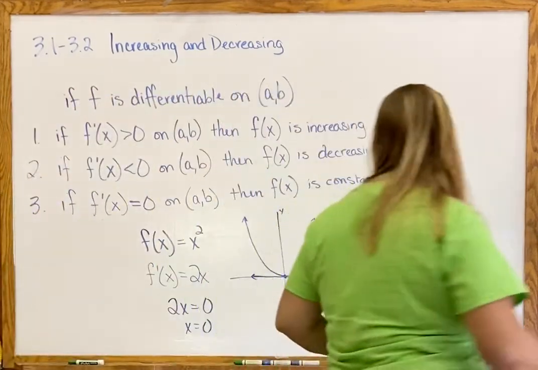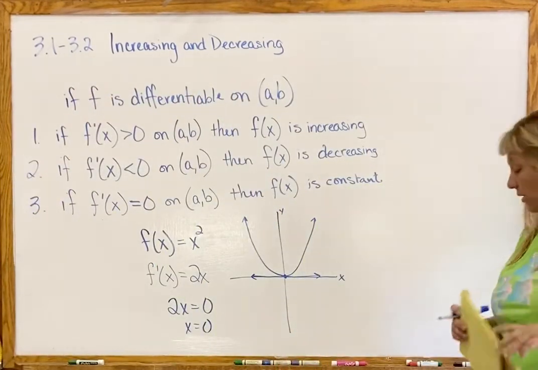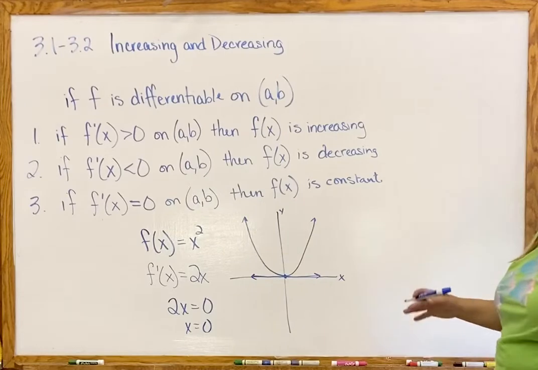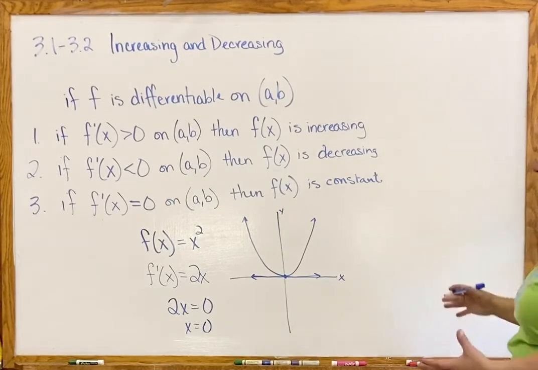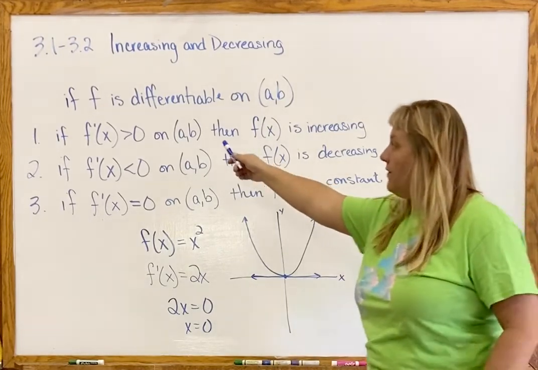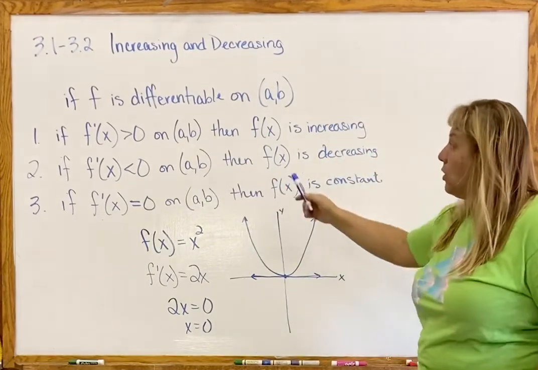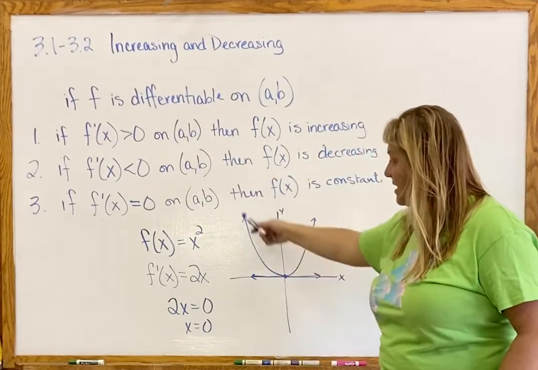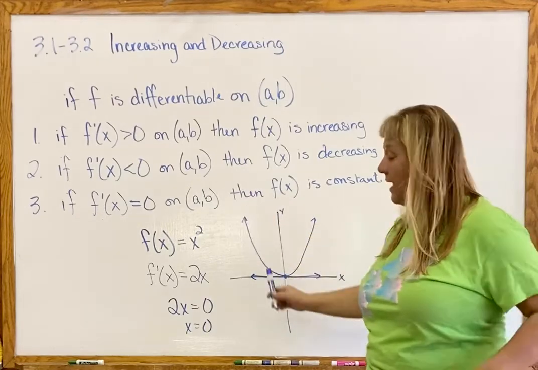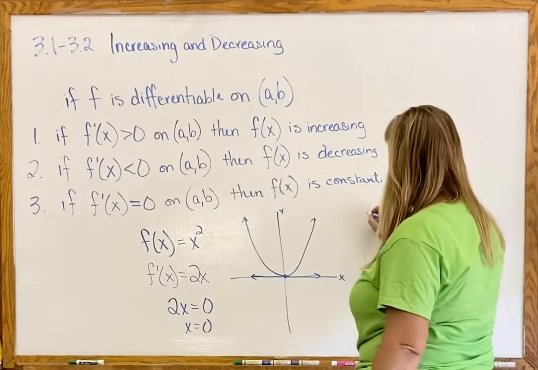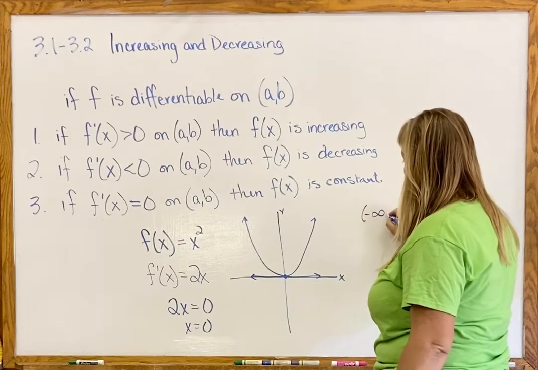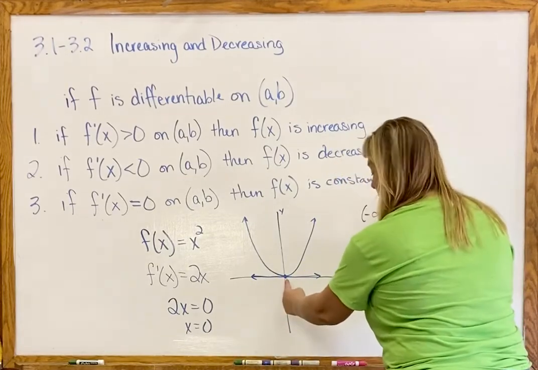Now, the common way for answering this question is on these little intervals, so it's very important that we write them out. We're going to discuss this side of the graph. That interval starts way over at negative infinity and comes all the way up to 0, doesn't it?